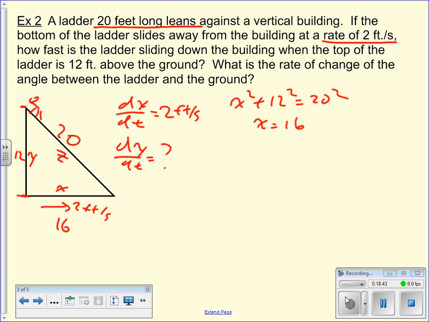So what would you say dz/dt is? dz/dt would be 0. It's a 20-foot long ladder. The ladder does not change length. If the ladder does not change length, there is no rate of change of the length of the ladder. So dz/dt would be 0. Does that make sense?